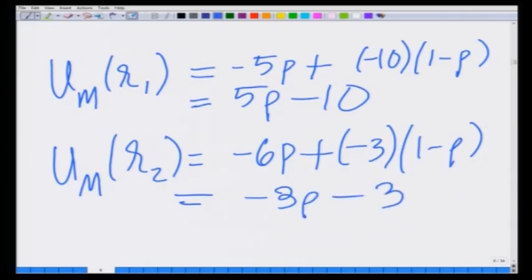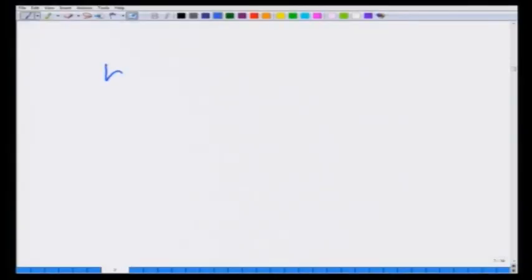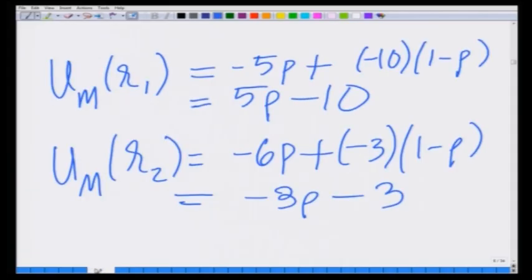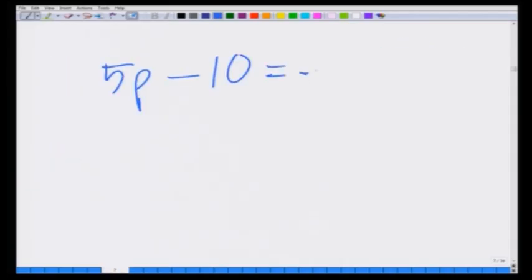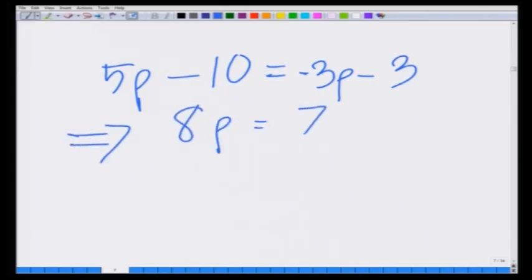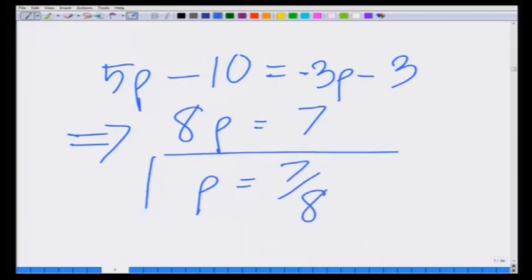Now it will use a mixed strategy only when these two payoffs are equal. Nature or the stock market randomly mixes only when the payoffs are equal, which means 5P minus 10 is equal to -3P minus 3, which implies 8P is equal to 7, which implies P is equal to 7 by 8.